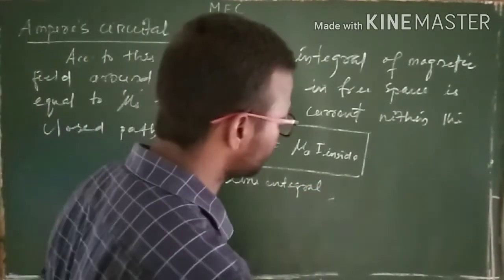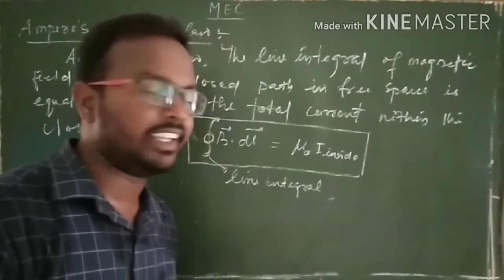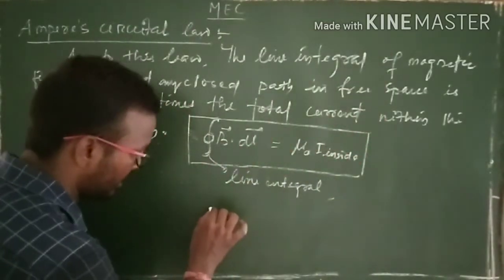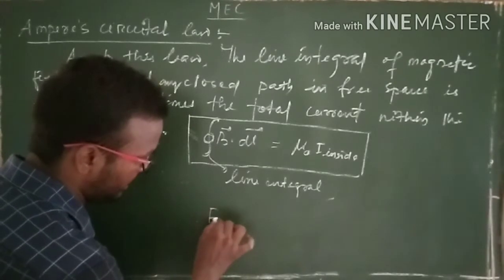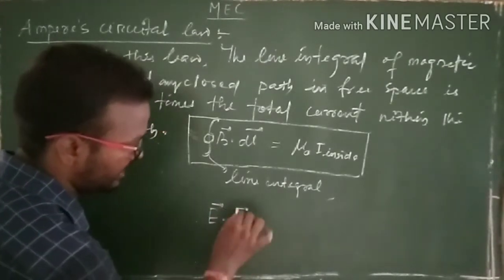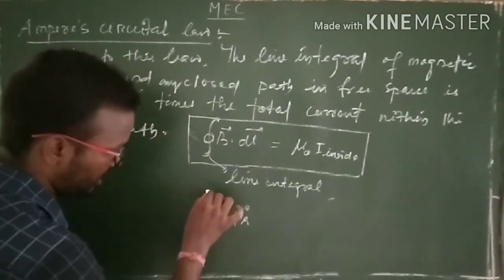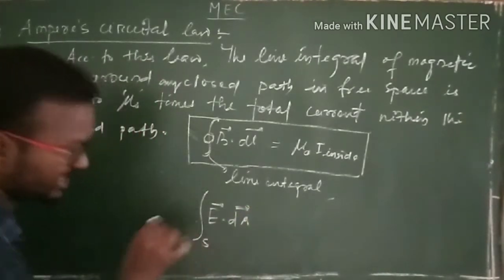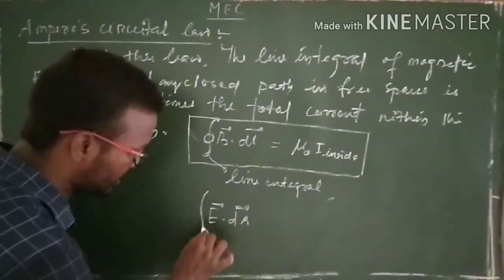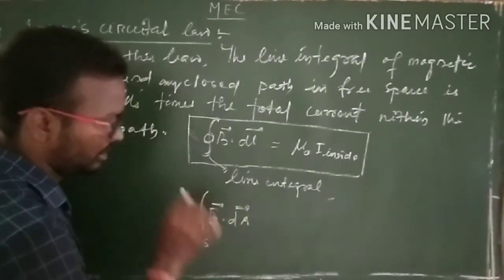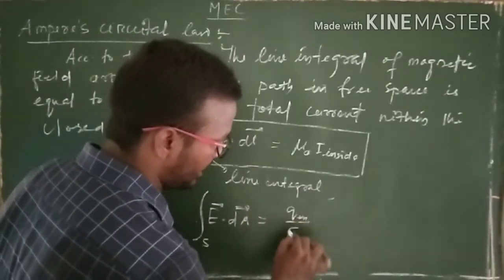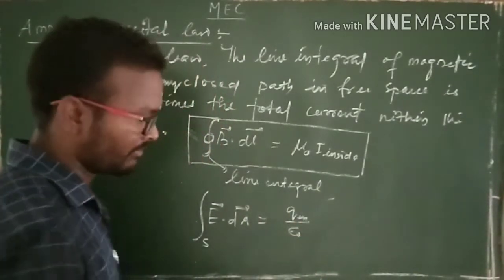We know from Gauss law in electrostatics, according to Gauss law, the surface integral of E dot dA, the electric field and area vector, is equal to Q inside by epsilon naught. Clear?